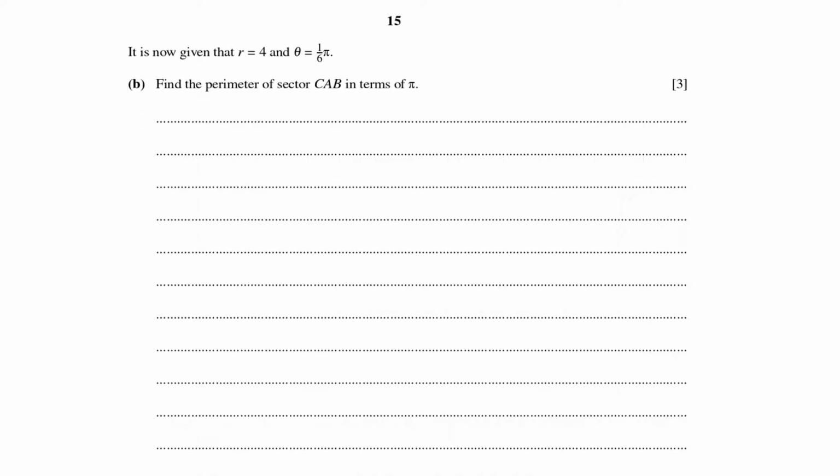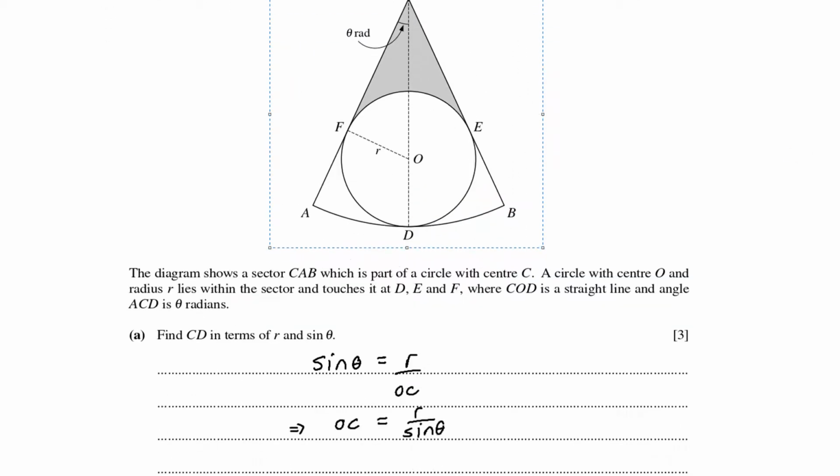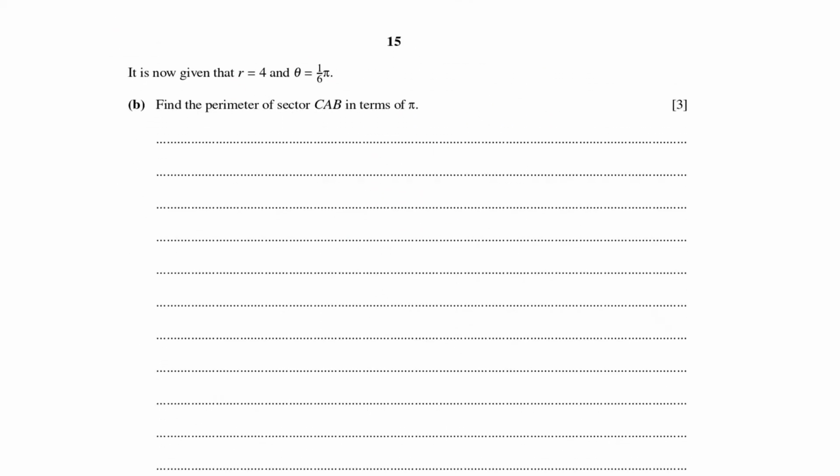Part B. It is now given that R is equal to 4 and theta is equal to pi over 6. So in B, find the perimeter of sector CAB in terms of pi. So let's take the diagram here and place it right here.